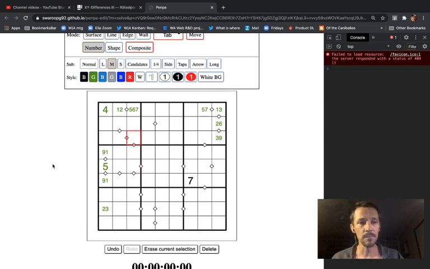That's not the end of the world. 7 can be 2 and 9 and 1 and 8. However, in box 4, that's going to be impossible, because whether it's 2 and 9 or 1 and 8, both of those are going to break because there's already a 9 in the box, and there's already a 1 in the box.